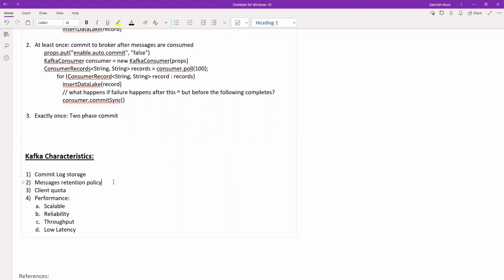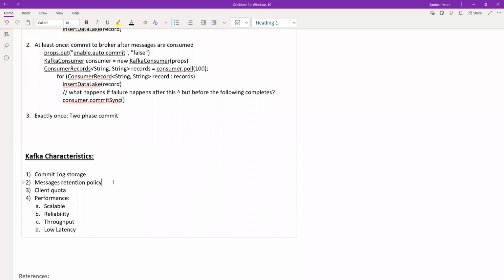So the retention policy can be either a time-based limit or a size-based limit. There is also something called compaction. If you always keep the latest version of a record, the previous records can be deleted based on a policy you define. So this is what record retention in Kafka is about.